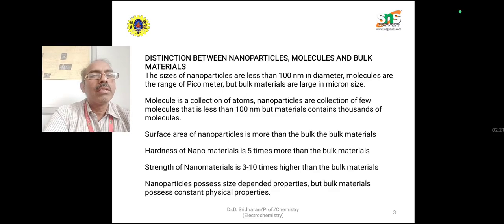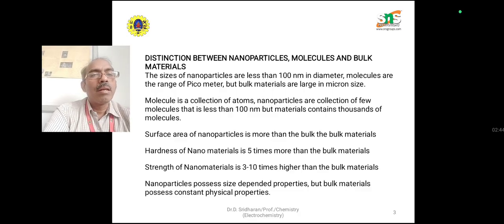It depends on the size and the shape of the particles. The strength of nanomaterials is 3 to 10 times higher than the bulk material. Nanoparticles possess size dependent properties, but bulk materials possess constant physical properties.